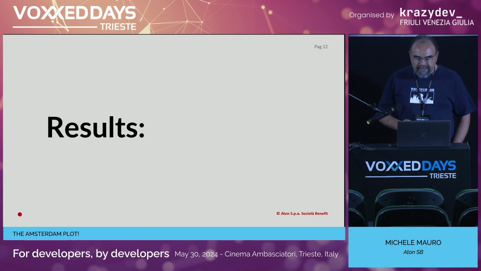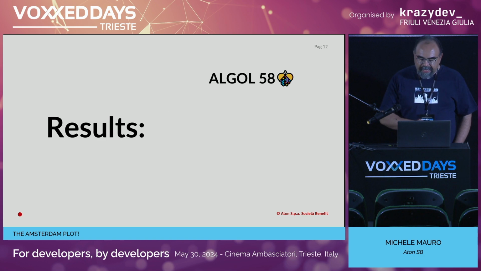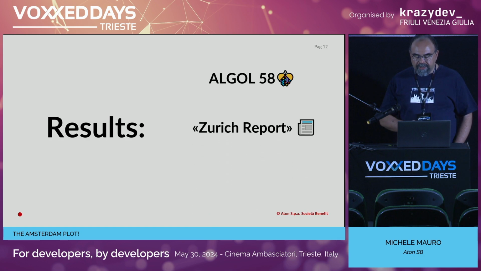They had a first standard, ALGOL 58, and that got published and got immediate interest in journals and related publications. The overall result of the conference became the Zurich report that contained all the features that had been selected and implemented.